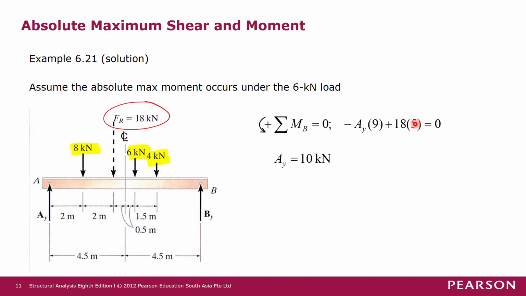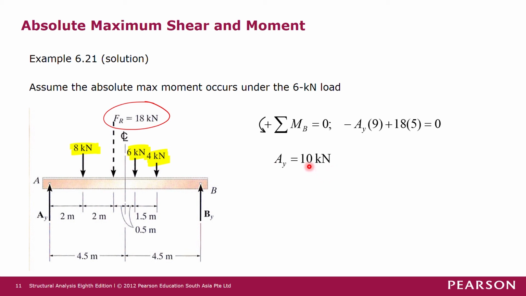And then there is no other forces. Remember that all these three forces are represented by the resultant force, so we don't consider them anymore when the resultant force is there. Then we equate this to 0 and we find that AY is 10 kilonewton.